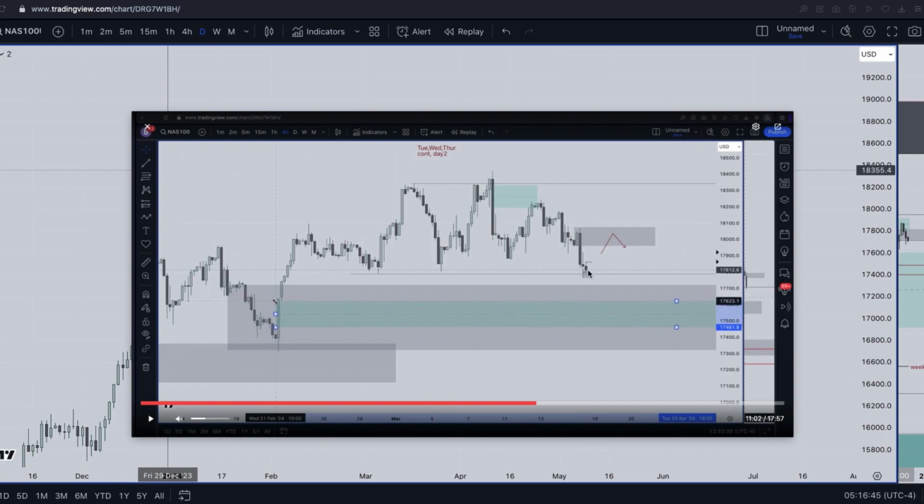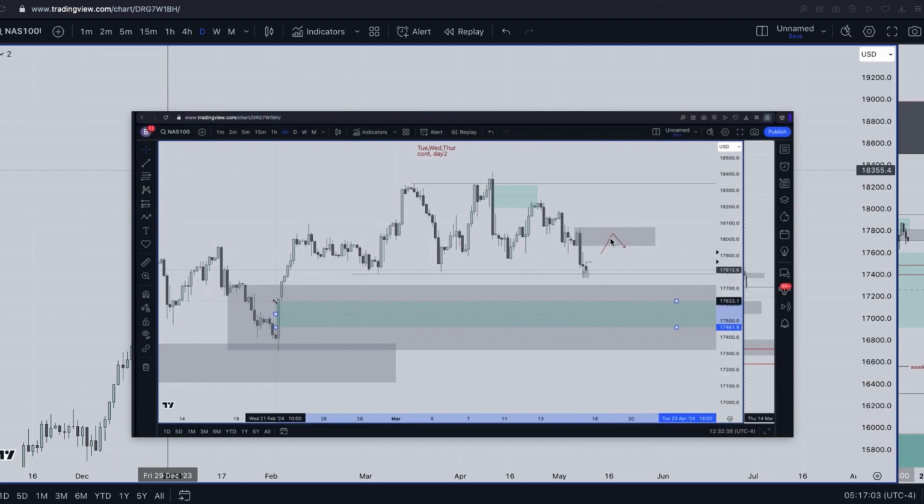So I mentioned that I wanted to see price drop to this level here, fill up this imbalance, then we'll see if it wants to continue going up or if it wants to go down, right? But for the meantime, I focus on what I see at the moment.